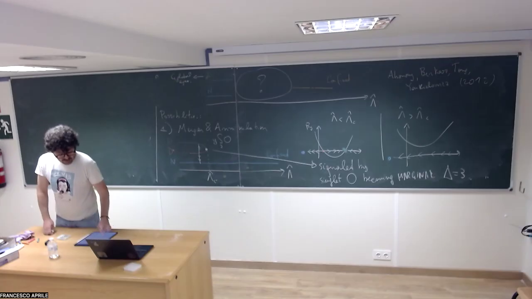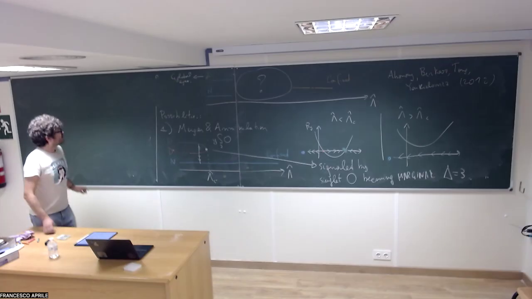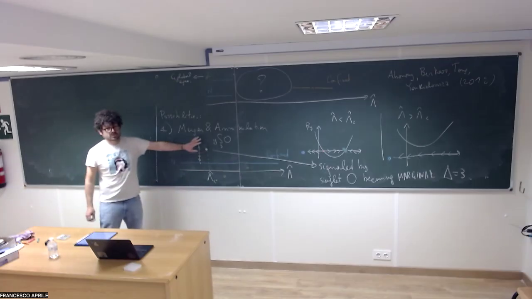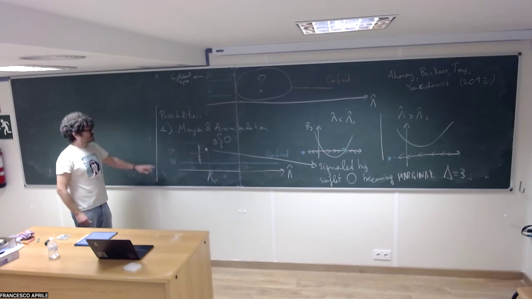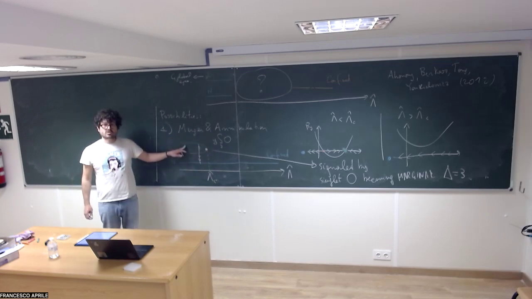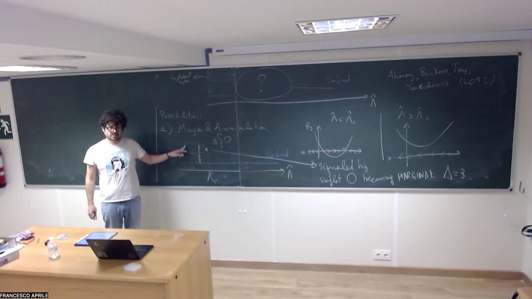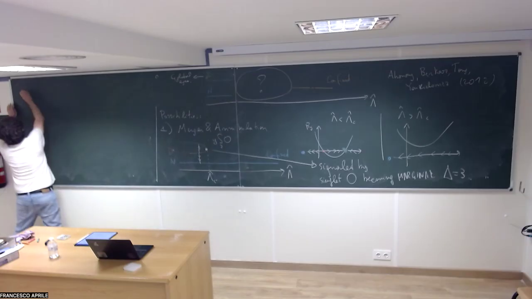Okay. Now, another thing that can happen, which would complicate the picture a little bit, is that you can have what we could call a Higgsing transition. Let me explain what I mean.